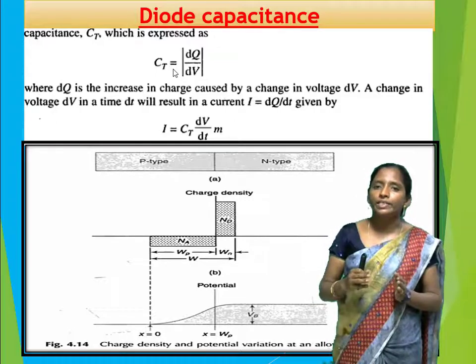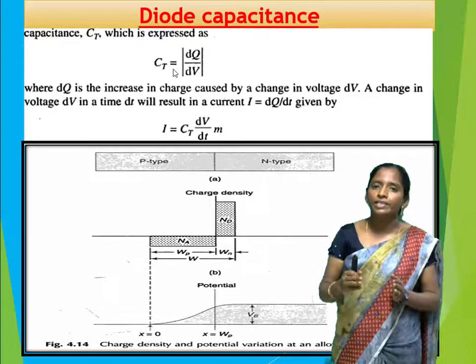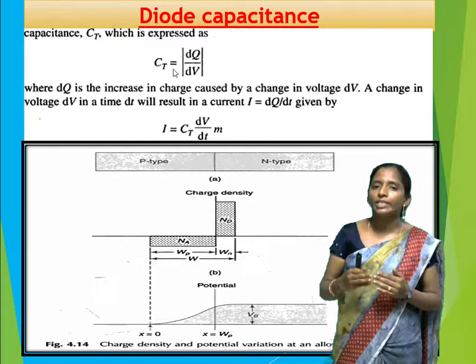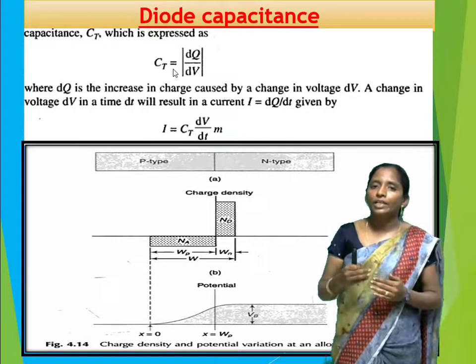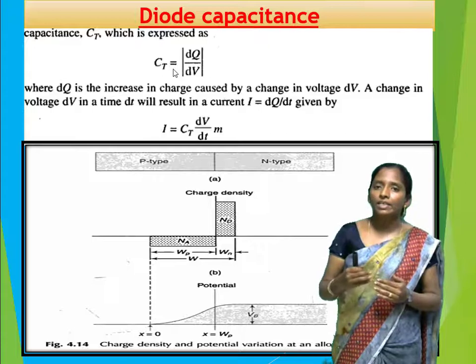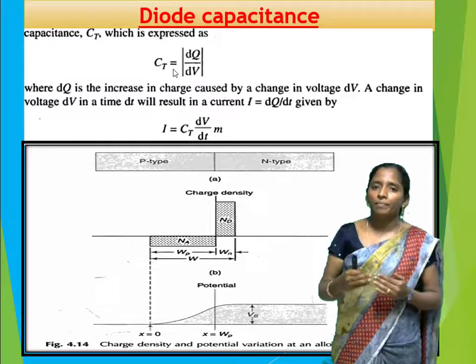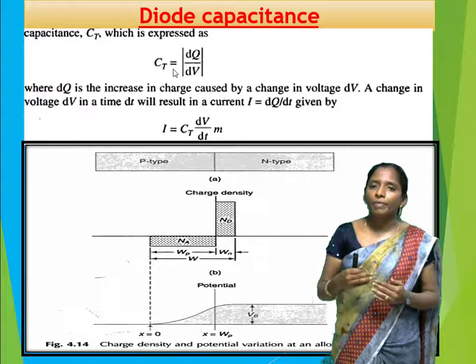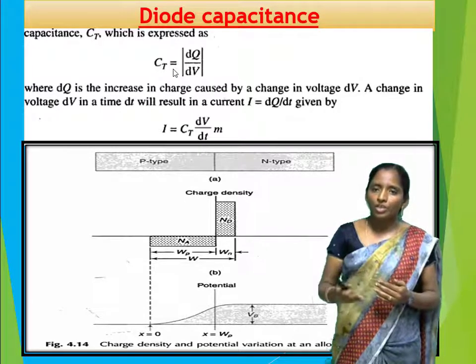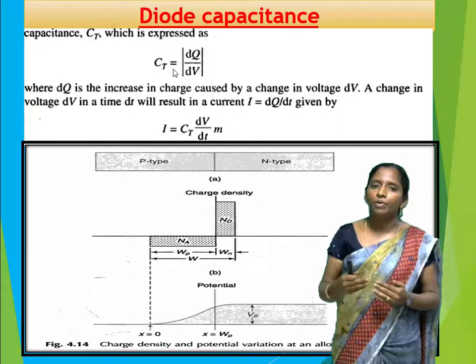Here the capacitance is expressed as CT because the capacitance value is changing. So that is known as transition capacitance or space charge capacitance. The capacitance is given by the change in charge with the change in voltage, that is CT equal to dq by dV.